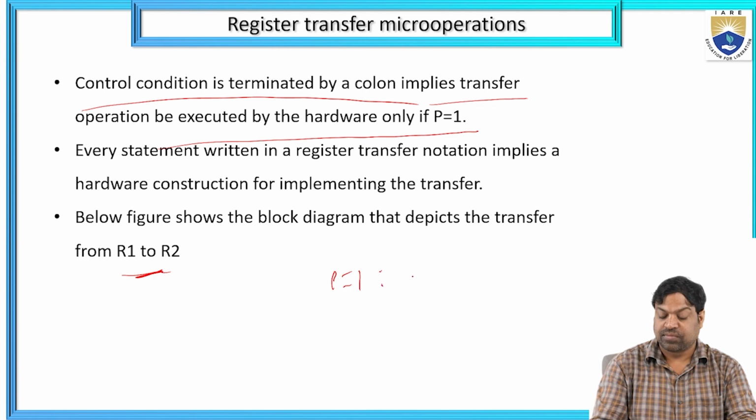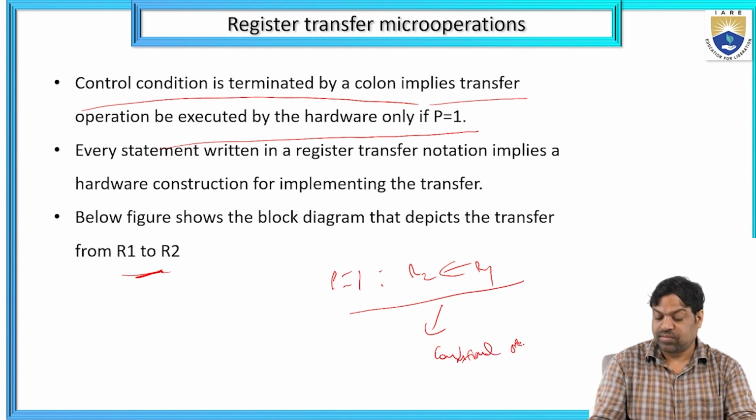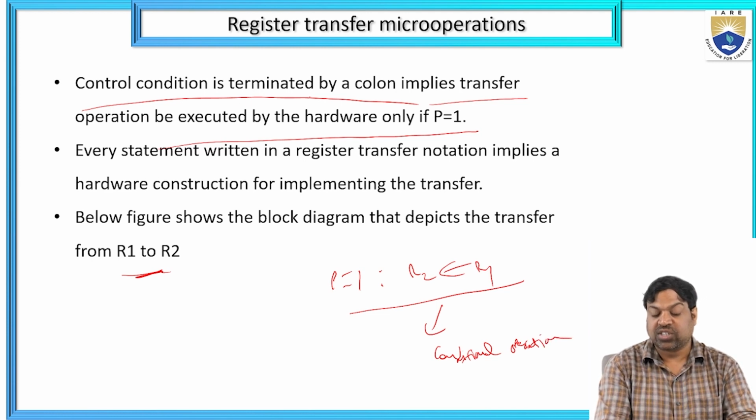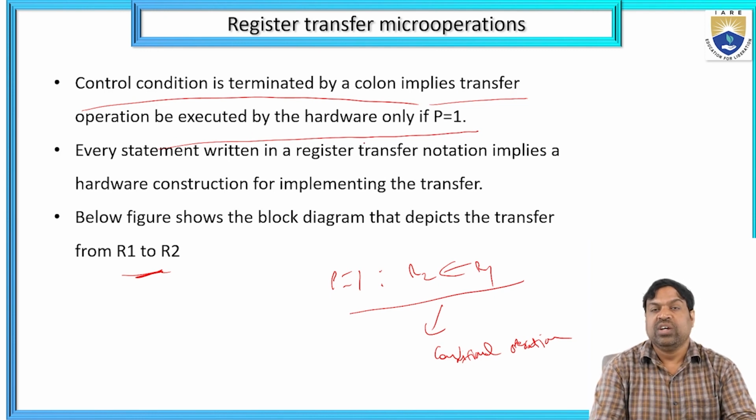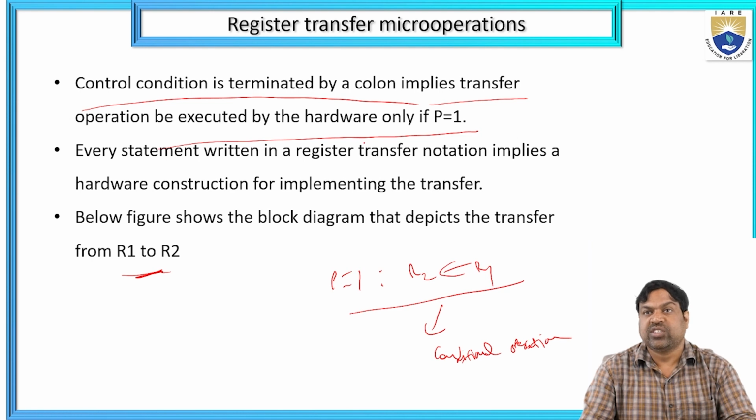If P equal to 1, then R2 to R1. It is the conditional operation. So in the conditional, termination by a colon implies transfer of operation by hardware if condition P equal to 1. Every statement written in a register transfer notation implies a hardware construction for implementing the transfer.